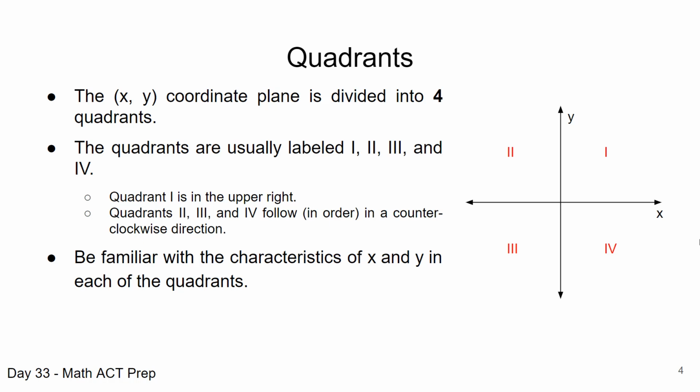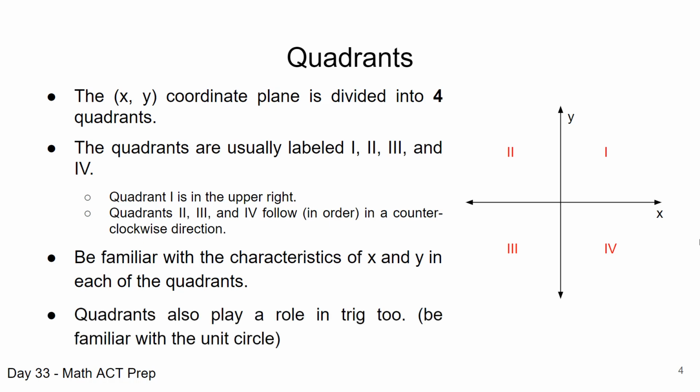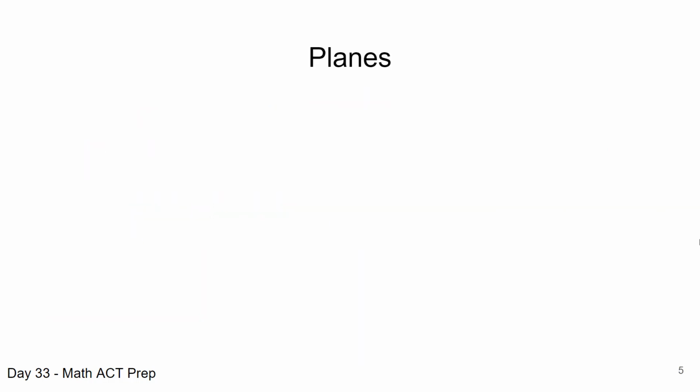So things like that allow us to label certain areas that we're talking about in that XY coordinate plane. Quadrants also play a part in working with trig functions, especially when we're working with our unit circle. So here we want to be familiar with what quadrants are and how they are labeled in the XY coordinate plane. Now let's talk about planes.